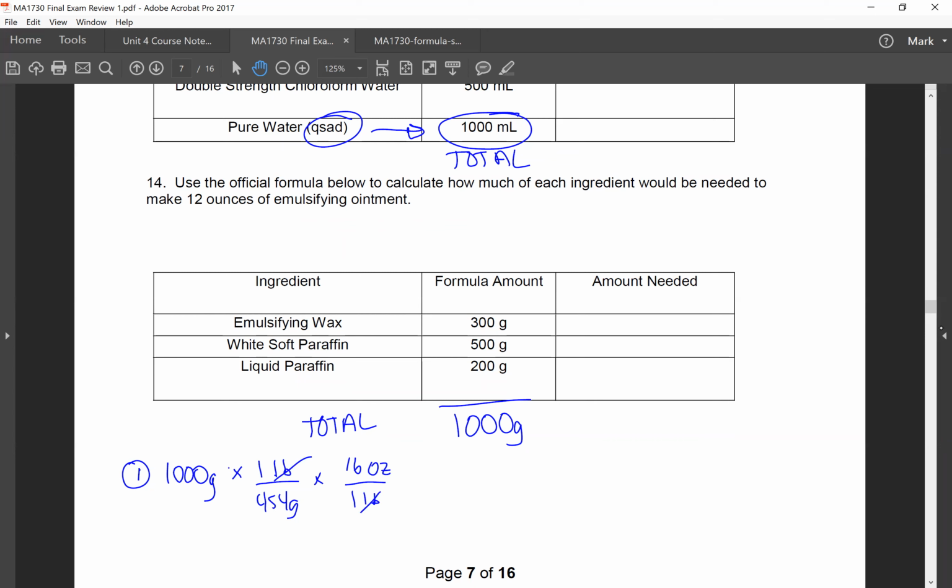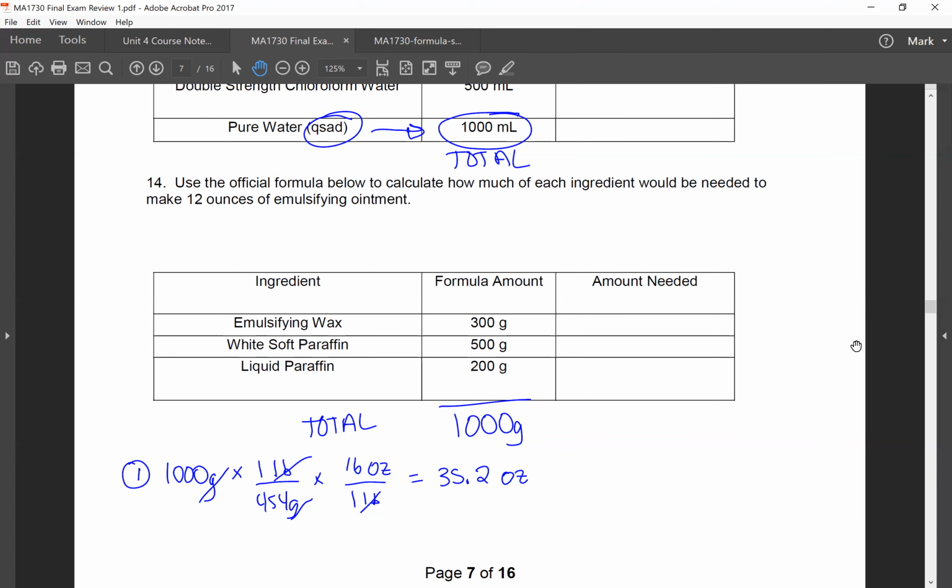Okay, so my pounds and my grams will cancel. I'll be left with ounces. So let's see how many ounces are in the original recipe. 1,000 divided by 454 times 16. And I get 35.2 ounces. Okay, that's my total amount.